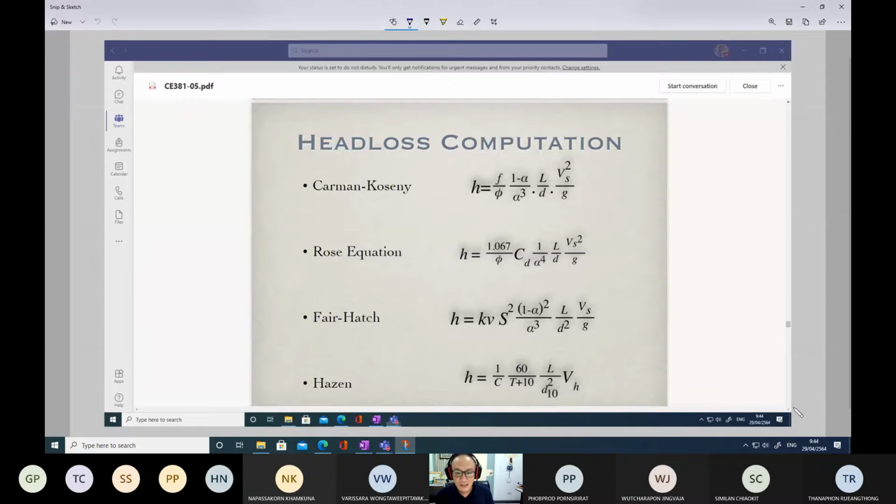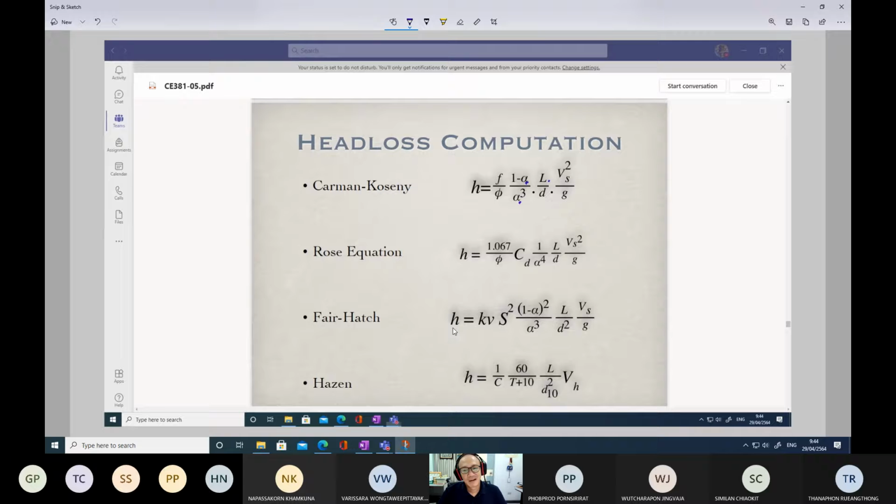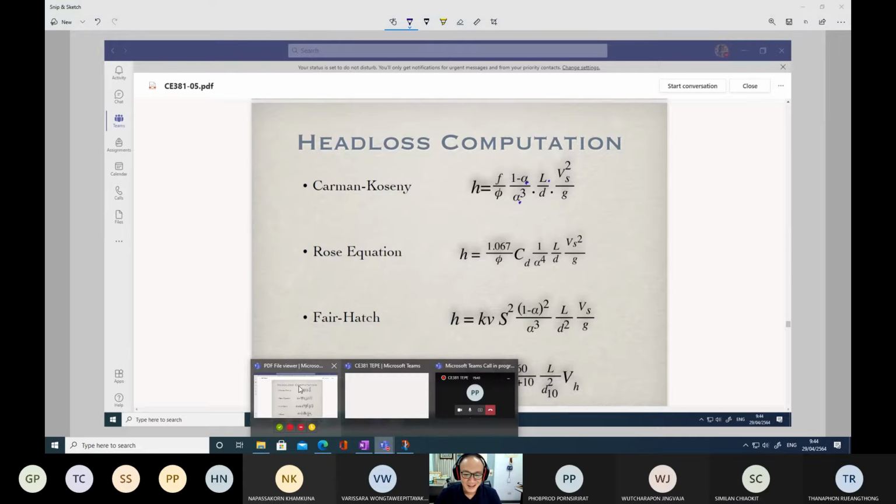The first one is the Kozeny-Carman equation. The head loss is equal to the friction factor divided by the shape factor, and you have to consider the porosity, and then the length of the media, and the D. In case of the pipe, it is the diameter, but in case of the filter, it's not the diameter.